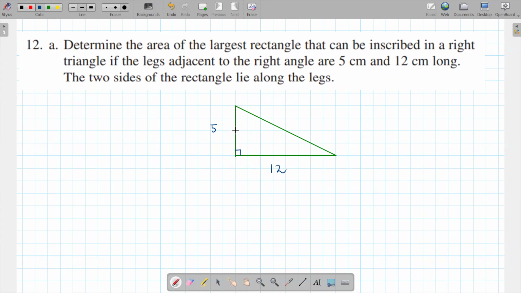I think it means something like this. So there you go, that's our rectangle. Let's call this L. Let's call this W, okay?